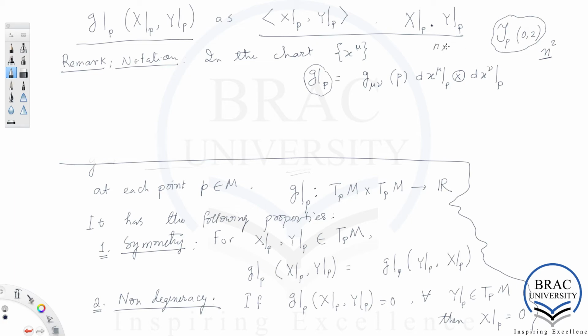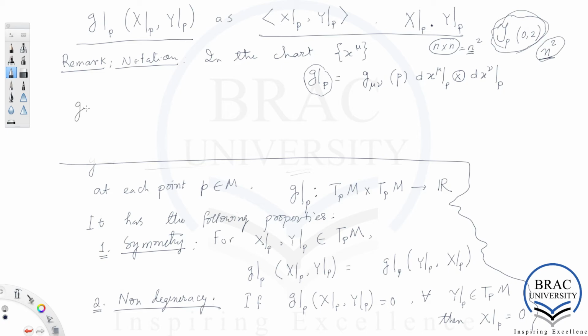So there are n squared basis elements in this vector space, and this is the basis expansion of the metric tensor at the point P, which is nothing but a linear combination of those n squared basis elements in this vector space of dimension n squared. Okay, good.